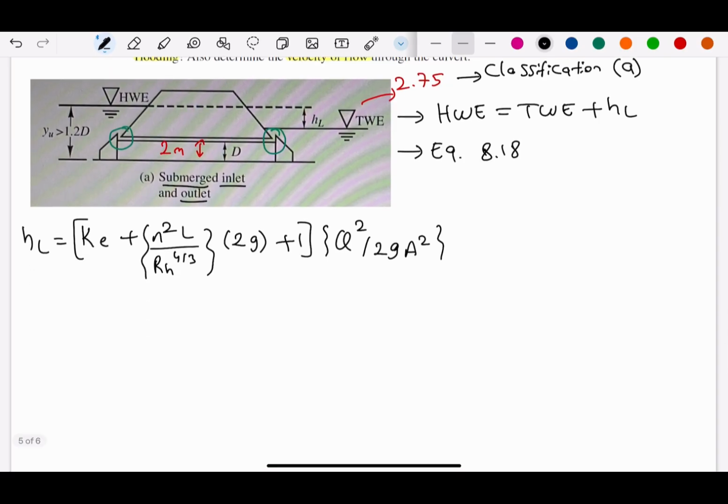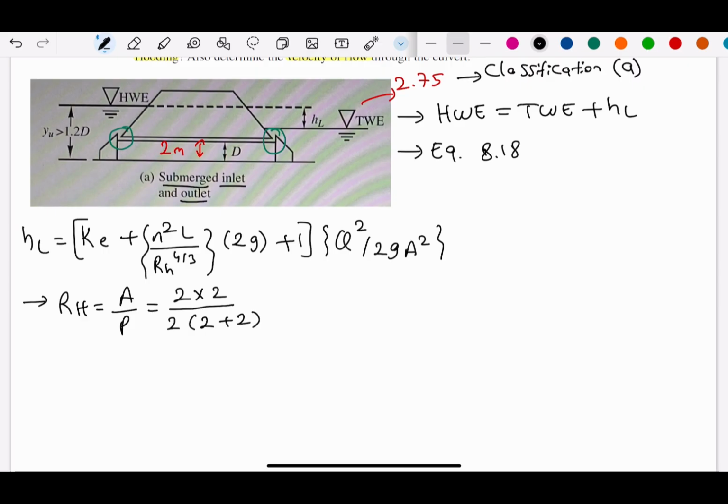So from here, we need to find the hydraulic radius, which is A over P. We already know the area. It is 2 times 2. And for the perimeter, we need to find the wetted perimeter, which will be 2 times width plus height of the culvert.